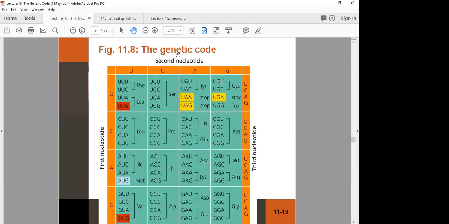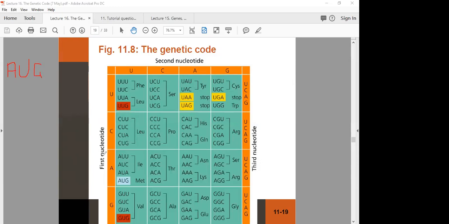Here it is. This is the genetic code found within this table. On this side, we have the first nucleotide position in a codon. Let's say it was A, U, and G in the messenger RNA.